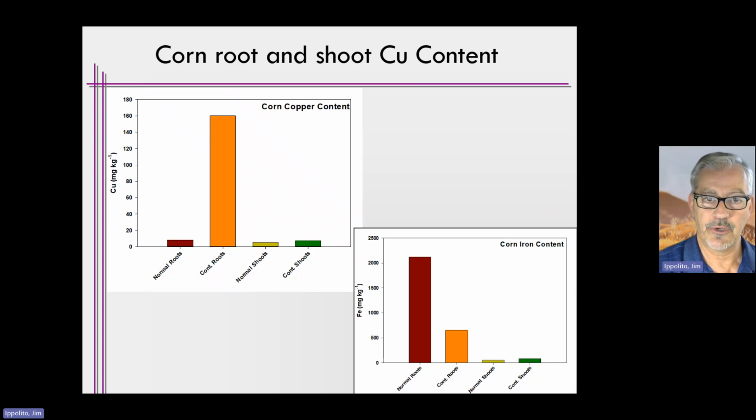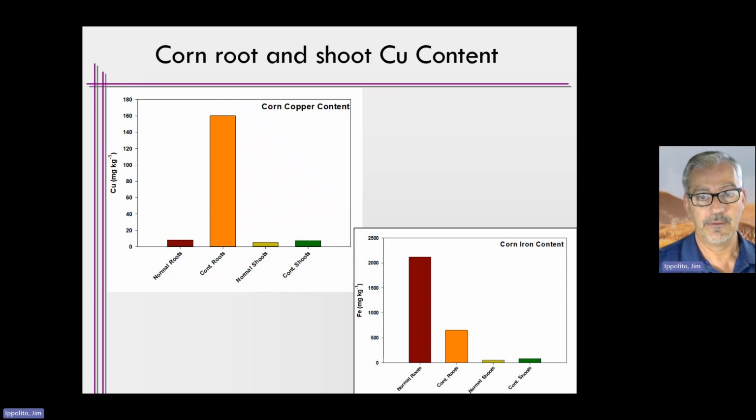The copper concentrations in the roots are astronomical, and that leads to a reduction in iron concentration in the roots. And subsequently, the concentration of iron that manifests itself in the shoots, although it looks normal in terms of the concentration, does not look normal in the picture that I shared with you several slides ago.